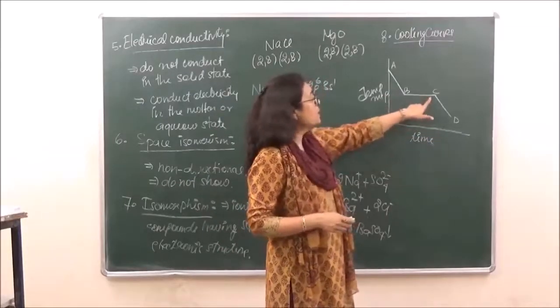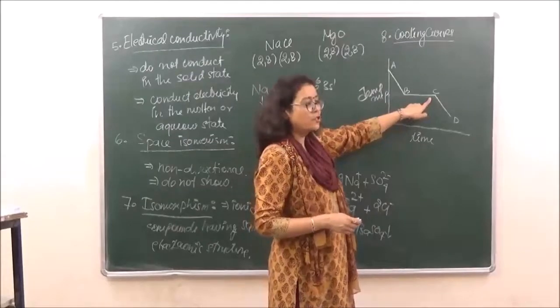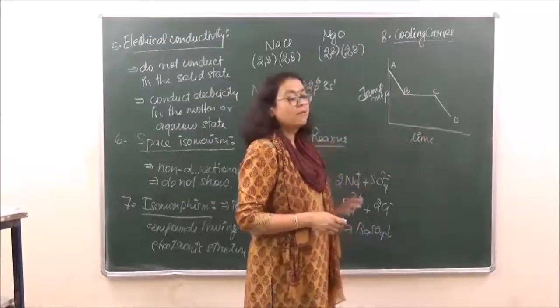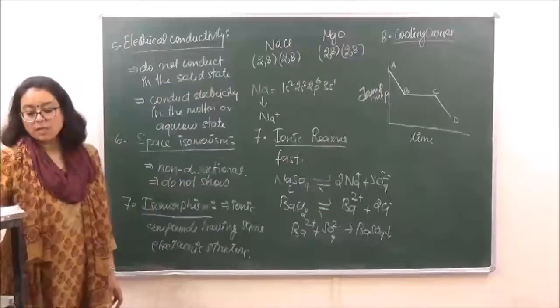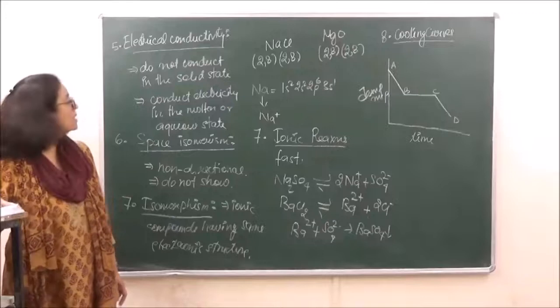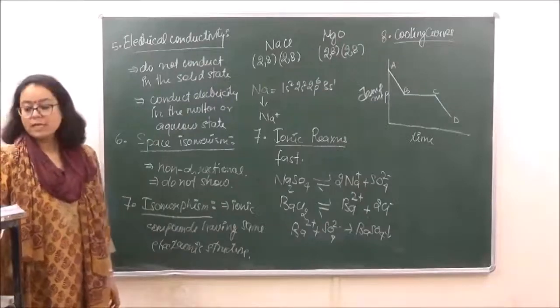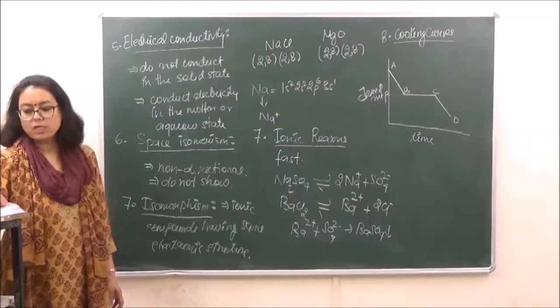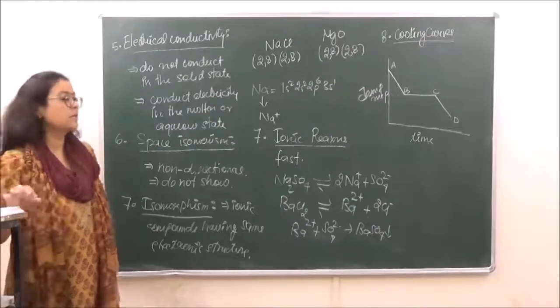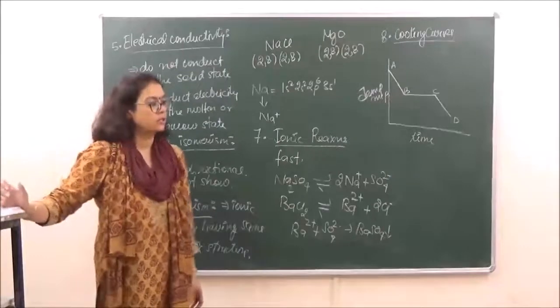Once the melting point is completely attained by the electrovalent solid, only then further cooling is possible. So these are known as cooling curves. These are the properties of ionic compounds. Today we are going to do only till here, and we start with covalent compounds in the next lecture.